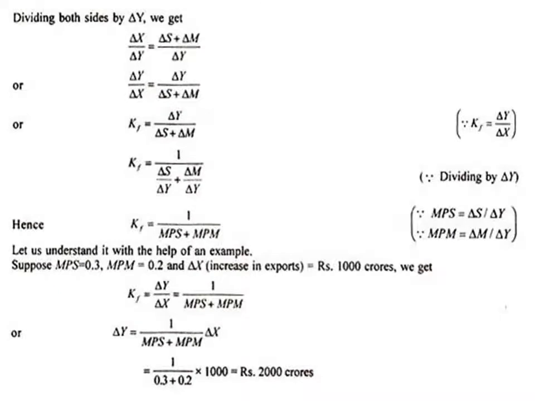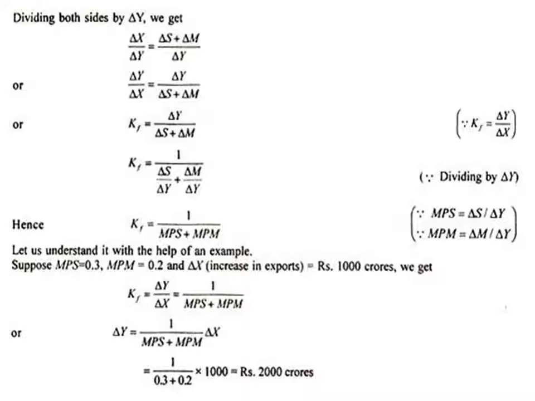Dividing both sides of the equation by delta Y, we get delta X by delta Y, change in export divided by change in income, equals delta S plus delta M divided by delta Y, that is change in saving plus change in import divided by change in income.